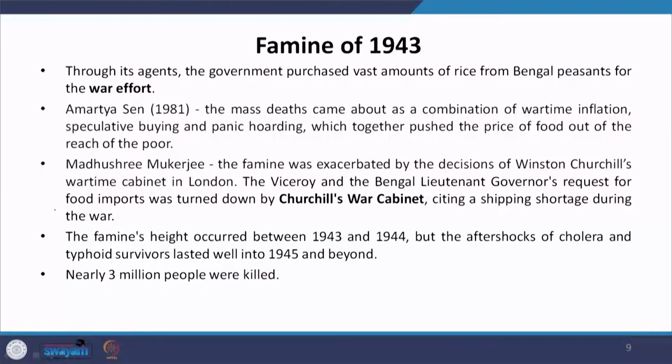Later critics like Amartya Sen would go on to say that the mass deaths came about as a combination of several reasons. One was the wartime inflation, and then speculative buying and panic hoarding. All of these together pushed the price of food out of the reach of the poor.